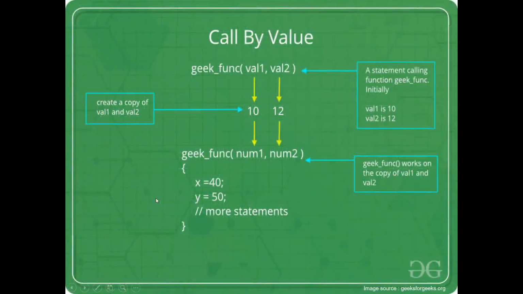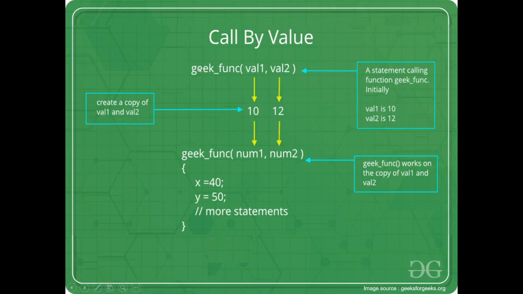Now let's talk about call by value and call by reference. In call by value, let's see an example. Here we have a geek function which has two parameters, val1 and val2, whose values are respectively 10 and 12. In the definition we have two variables num1 and num2.